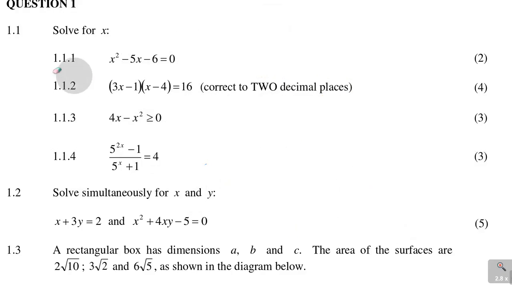How about the other 3 marks? 1.1.4. This is 3 marks. Again, it's up to you how you want to solve this one. But in a way, what are they giving? They're saying 5 to the power 2x minus 1 over 5 to the power x plus 1 is equal to 4. You know, it's 3 marks, meaning there was a simpler way of doing it.